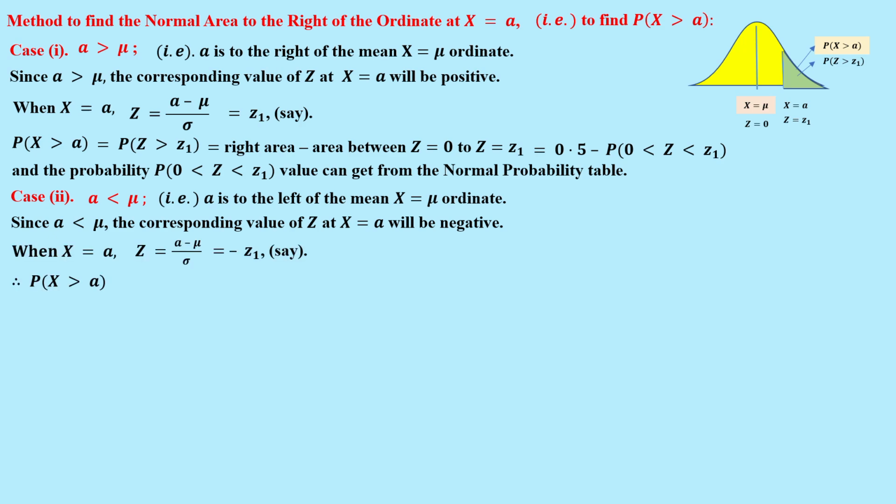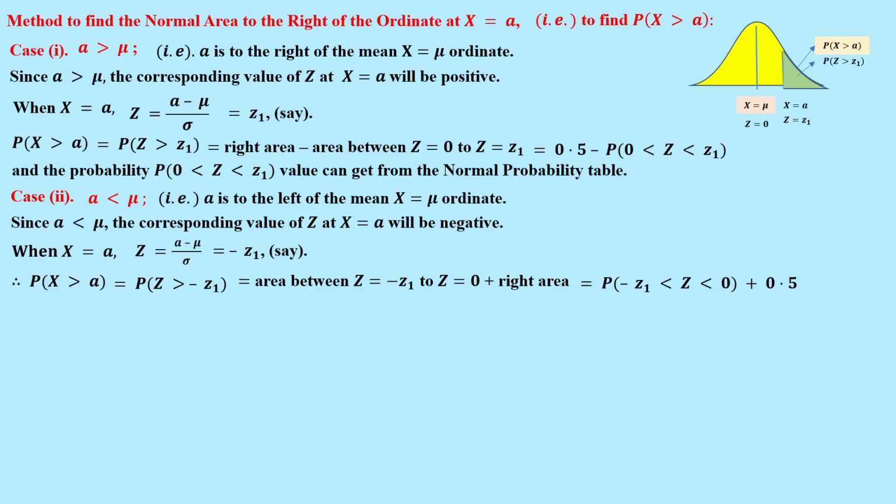So the probability of x greater than a is the probability of z greater than minus z1. So it is the area between z equal to minus z1 and z equal to 0, plus the right side area. So the probability of minus z1 less than z less than 0, plus 0.5.